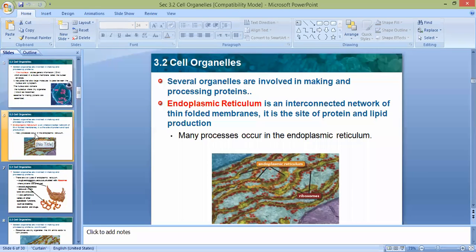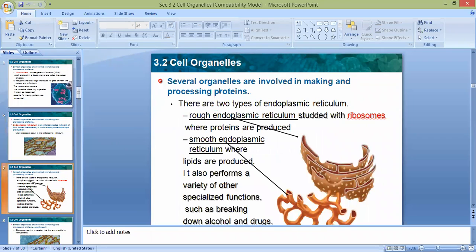Okay. Now the endoplasmic reticulum: we have smooth and rough endoplasmic reticulum, and they are a network of folded membrane, and it is the site of protein and lipid production. We say we have rough, where the ribosomes, when they go out from the nucleus, some of them will be suspended in the cytoplasm and some will be studded on the endoplasmic reticulum.